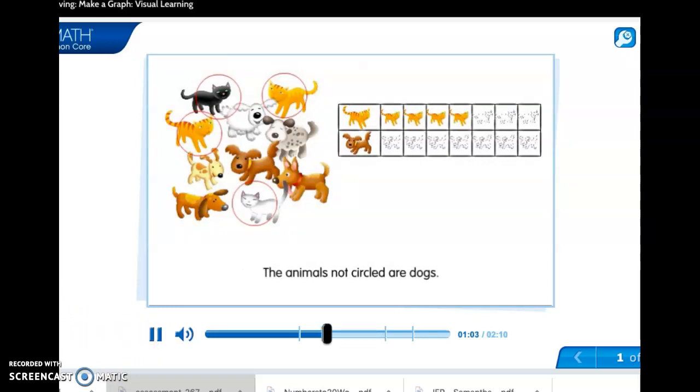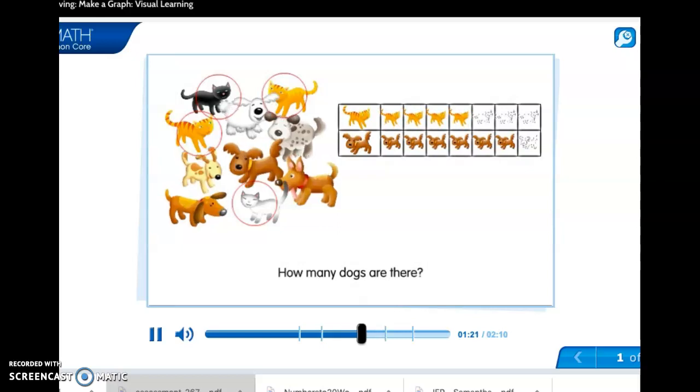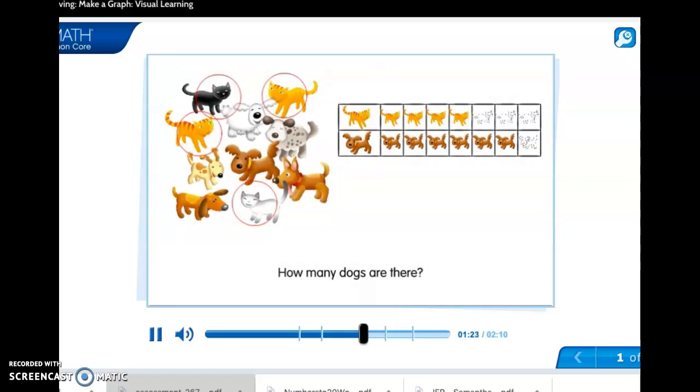The animals not circled are dogs. Color in one dog on the graph for each dog in the picture. How many cats are there? There are 4 cats. How many dogs are there? There are 6 dogs.